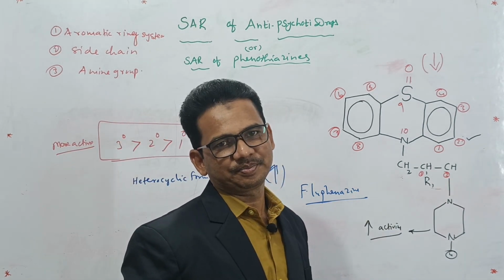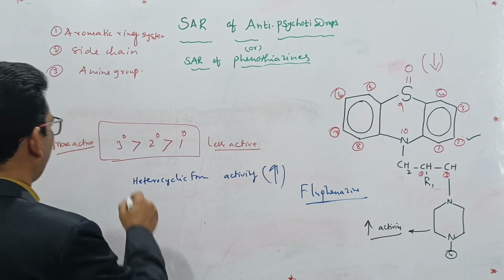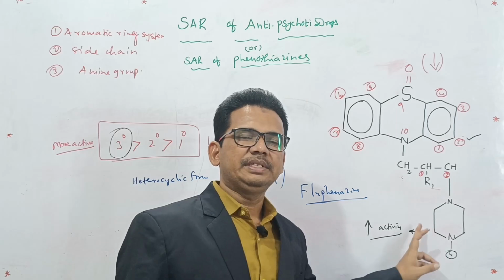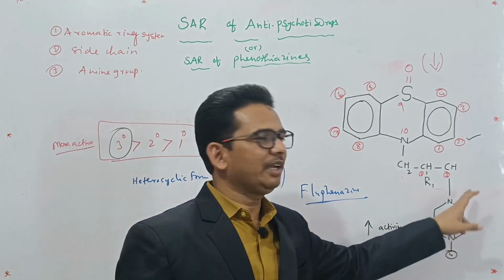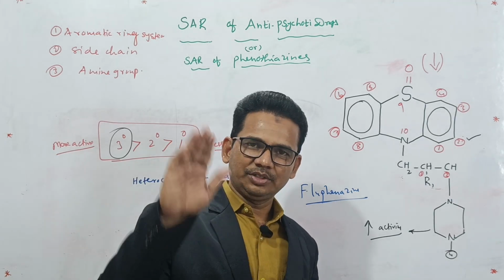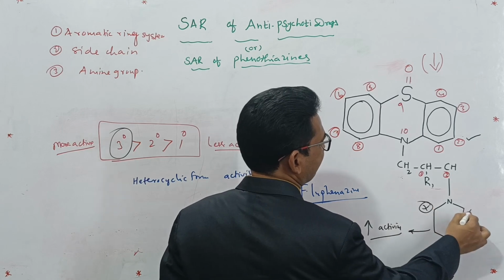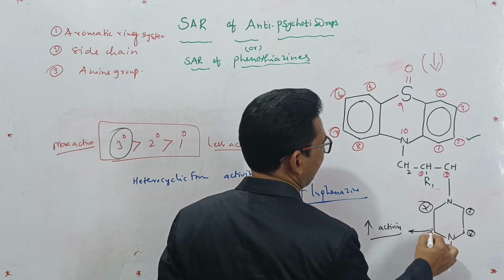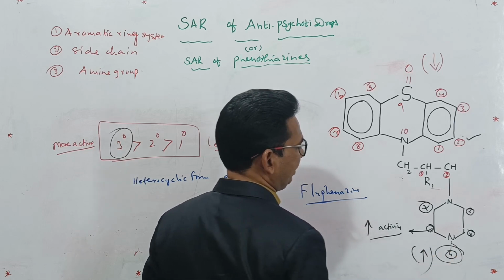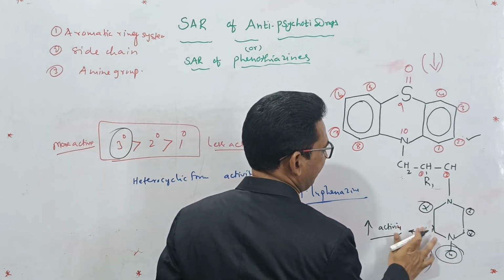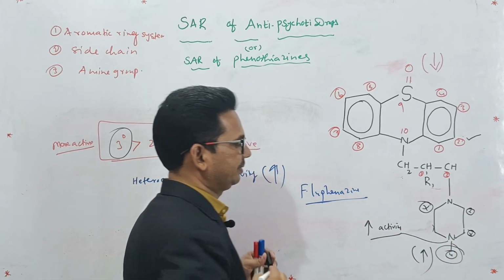But we have to remember that you have to substitute the fourth position only. If you substitute any other positions, activity is going to decrease. Other position substitution decreases, this also, this also, this also. Only at the fourth position is activity going to increase.